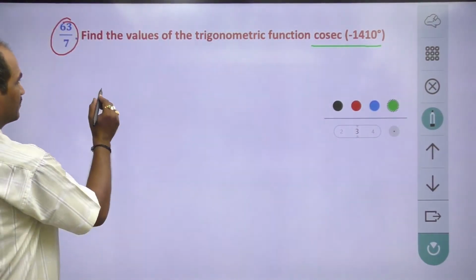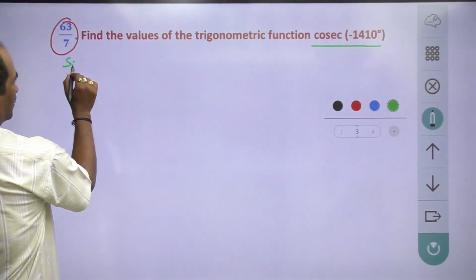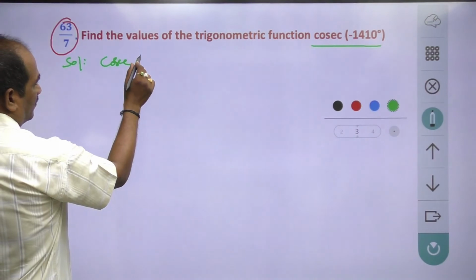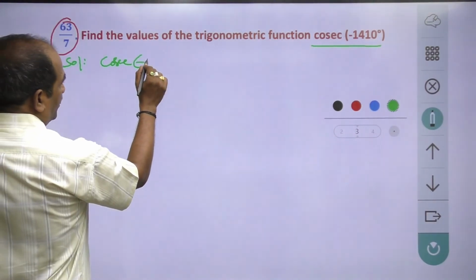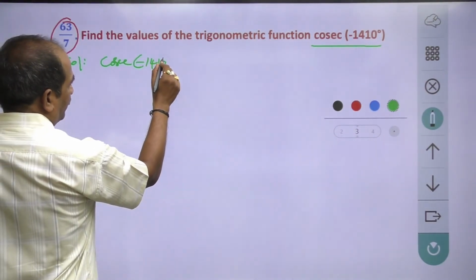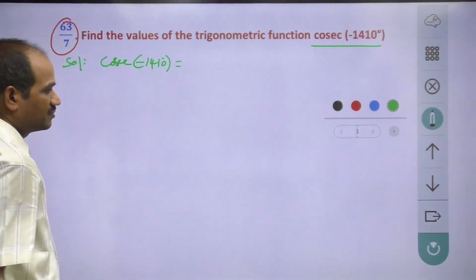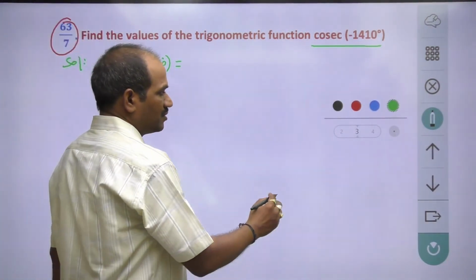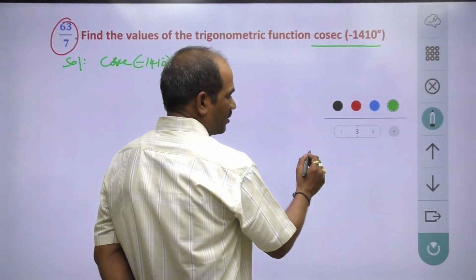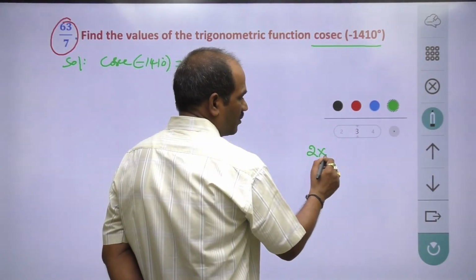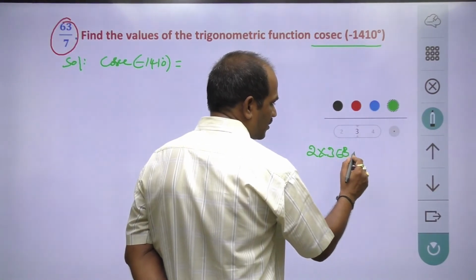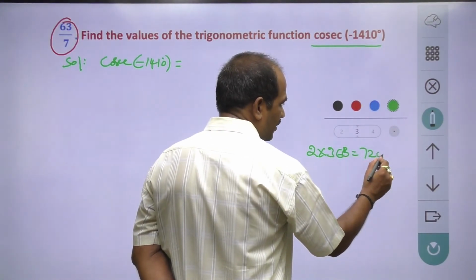See here first in the solution, cosecant of minus 1410 degrees. 1410 degrees, see, multiples of 360. The nearer value: first 2 into 360 degrees is equal to 720 degrees.